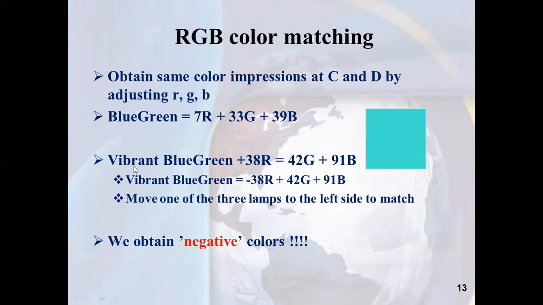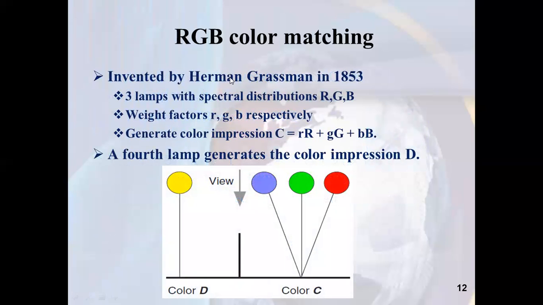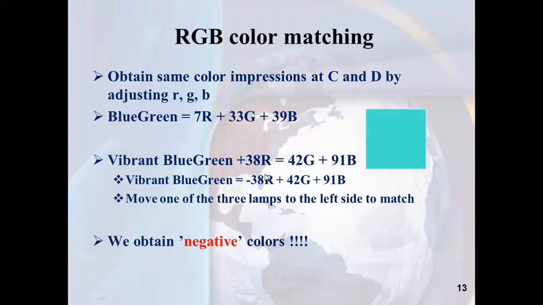While for vibrant blue-green, Hermann Grassmann saw that to obtain this color, we have to use 42 for green, 91 for blue, and transform the red color to the left side to match the two colors.